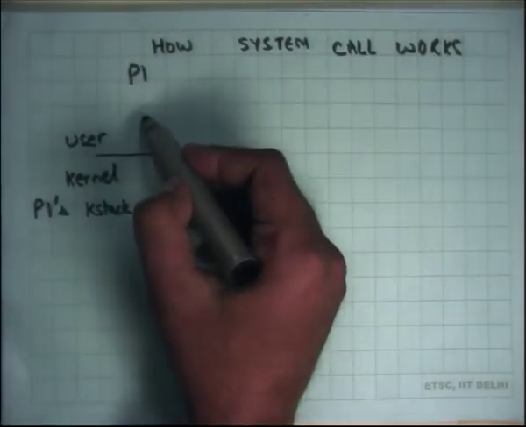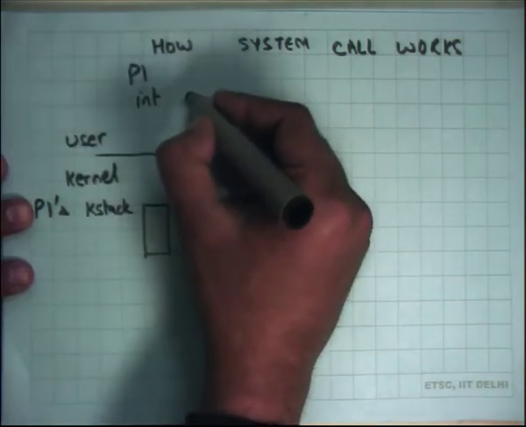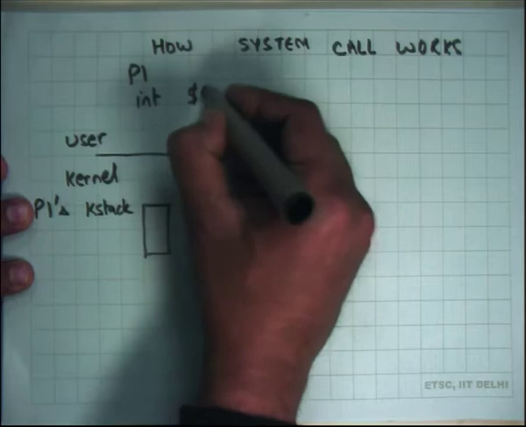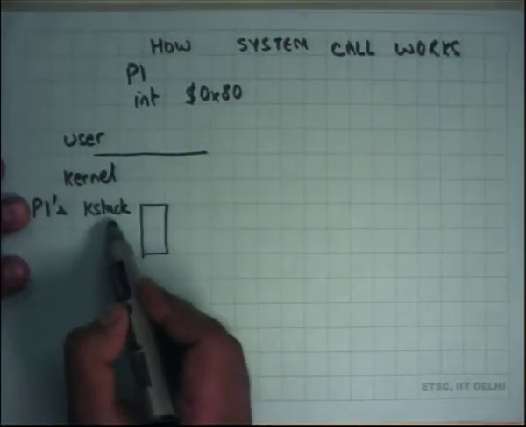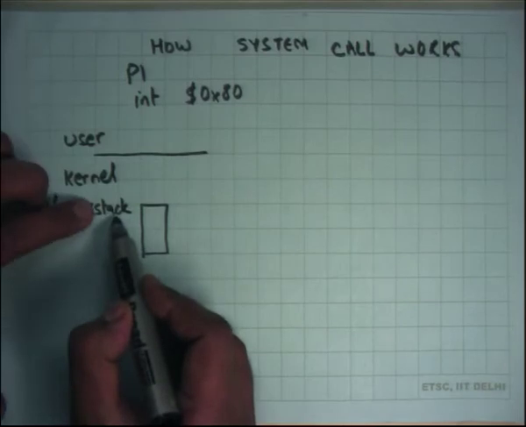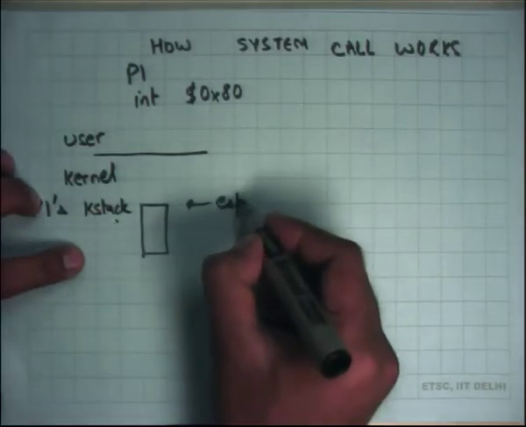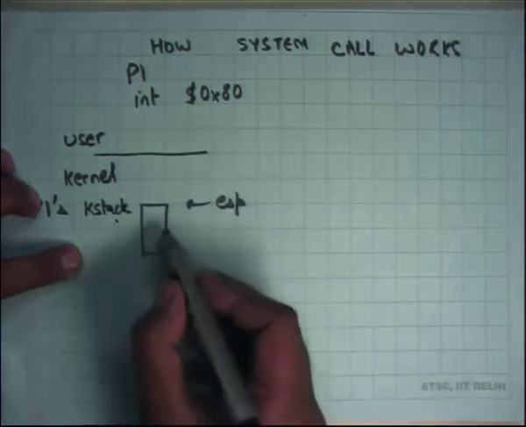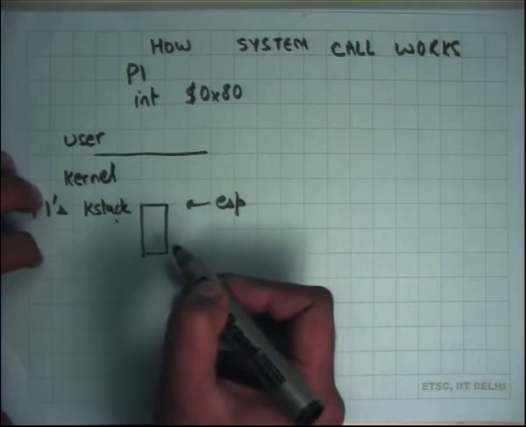When the process uses the interrupt instruction to make a system call, immediately the stack shifts, the stack starts pointing to K stack, right? And the hardware pushes some things on the K stack.